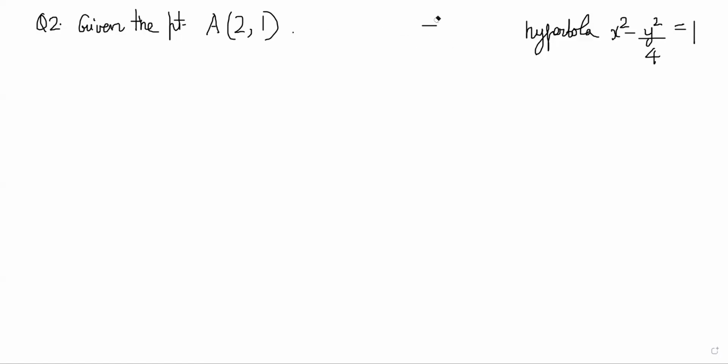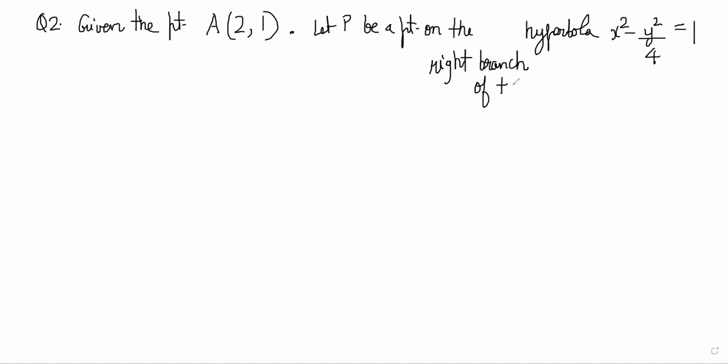So we have a hyperbola x square minus y square by 4 equal to 1, and the question says that this point 2 comma 1 is given, and let P be a point on the right branch of the hyperbola. Okay, this is the way to write the question.